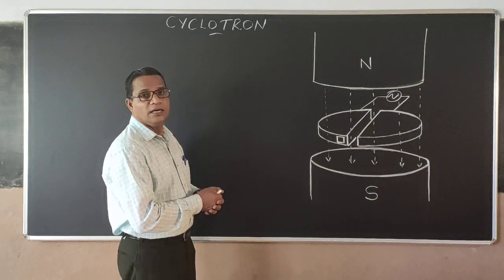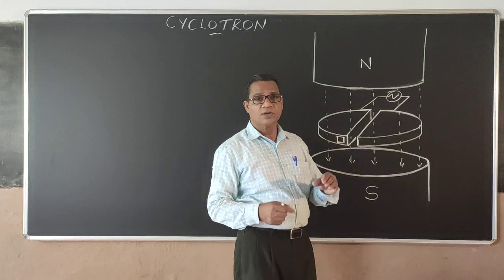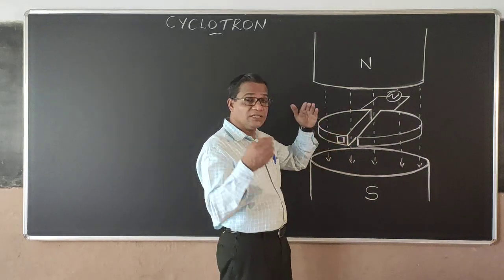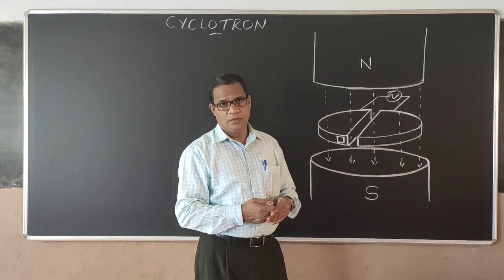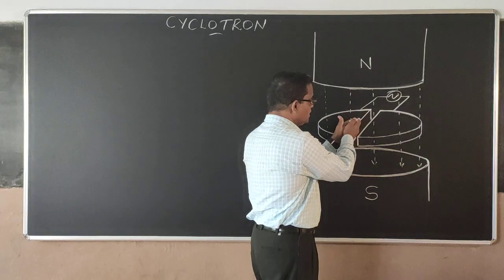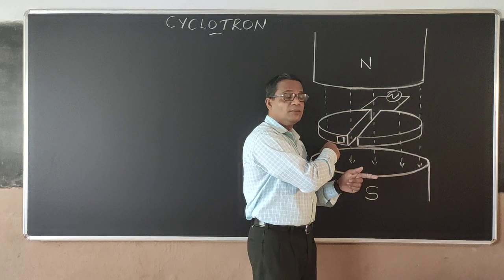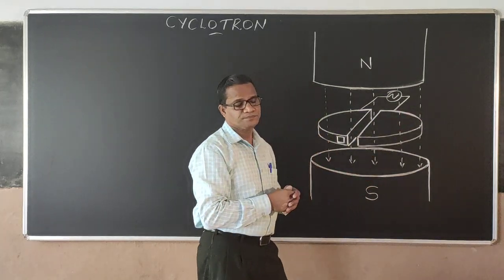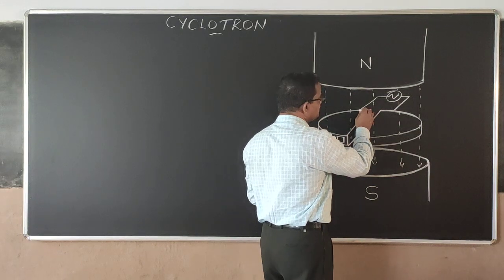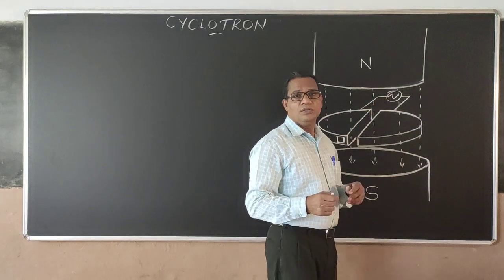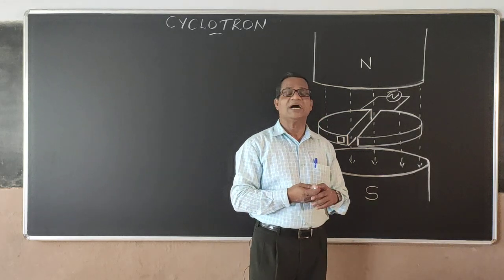Now let us see the arrangement. These are two metallic Ds, hollow D-shaped systems that the particle can go inside and come out, kept facing each other in such a way that the contour makes a circle. And these two Ds are connected with a low alternating voltage with a high frequency.